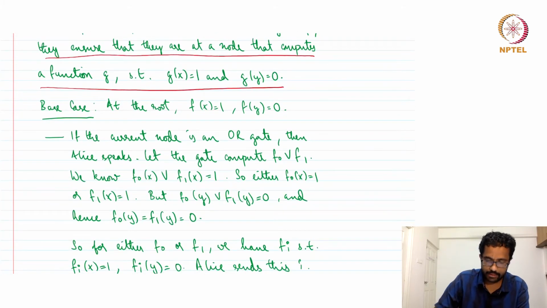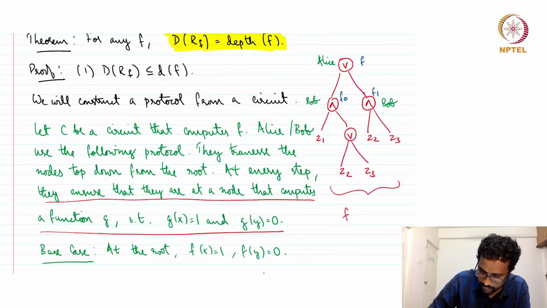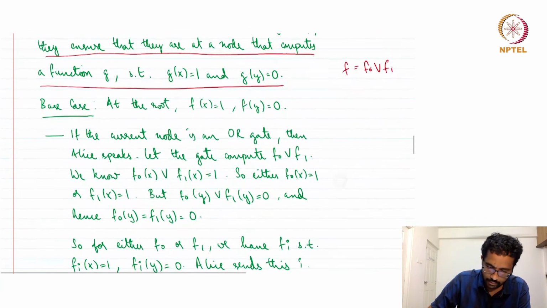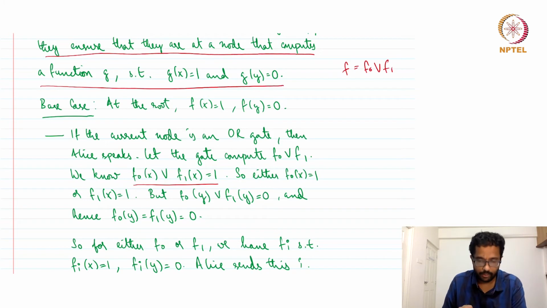This means that f is f0 or f1, right? That's why the top is f, the children are f0 and f1. So f0 of x or f1 of x is equal to 1.